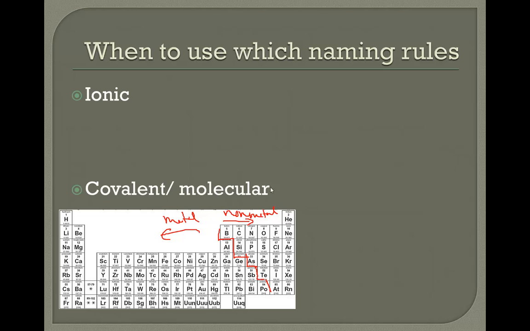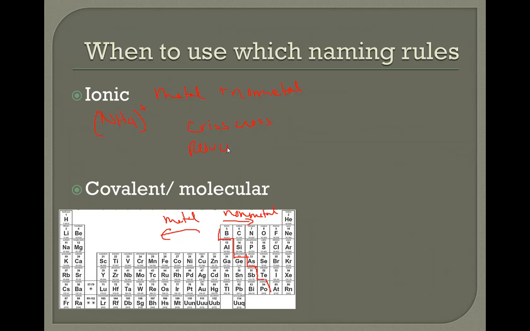Ionic is a metal and a nonmetal bonded together. 9 times out of 10, this is going to be true. There is an exception of ammonium, which is a polyatomic cation, but all the rest of the time it's going to be a metal. This is when you use the crisscross, and then you reduce it.